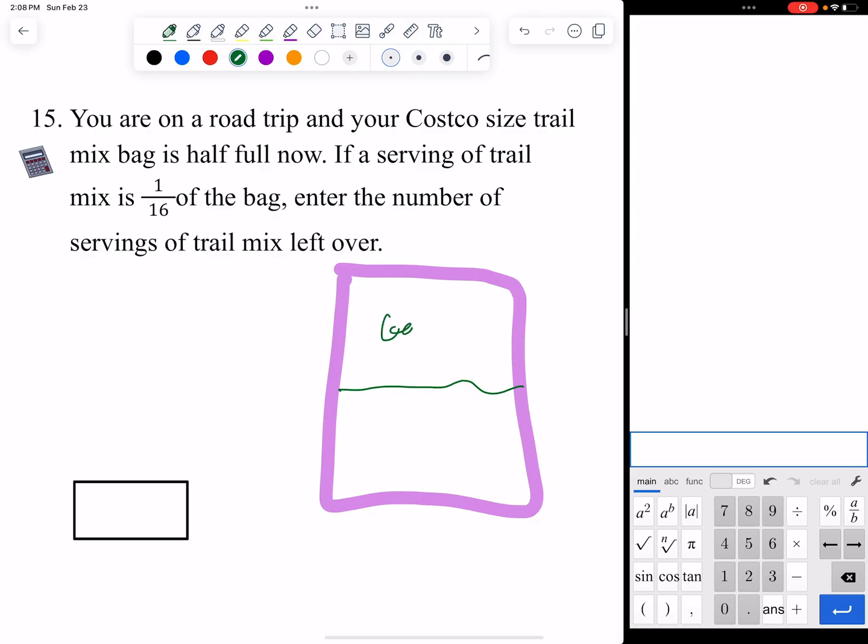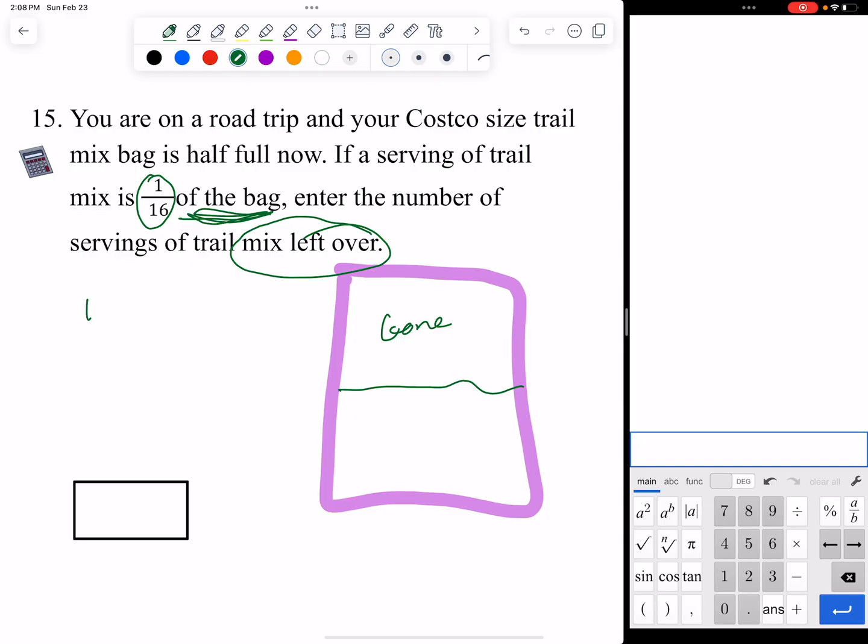So this one is gone. Okay? So you already ate that. If a serving of trail mix is 1/16 of a bag, enter the number of servings in the trail mix left over. So let me think about it. Okay. This number is important. So it's 1/16 of the bag. So how many servings are on there if 1/16 is one serving?